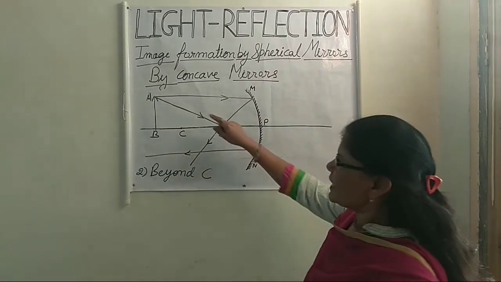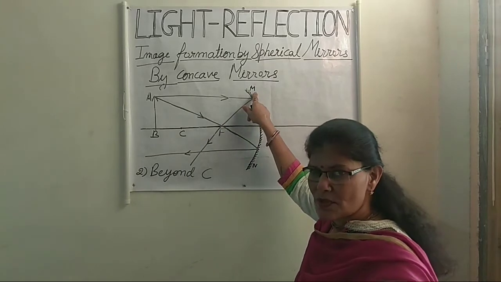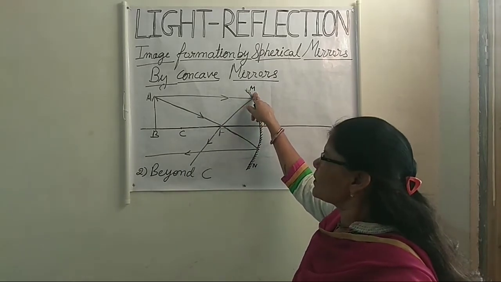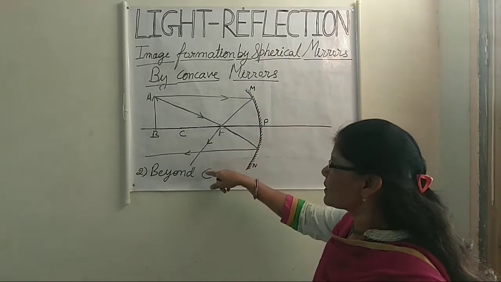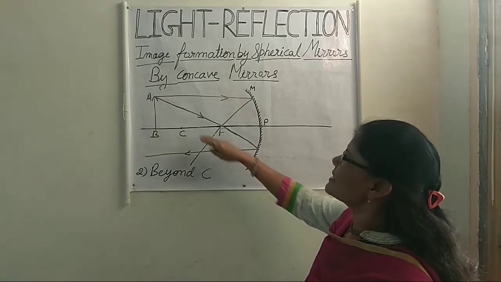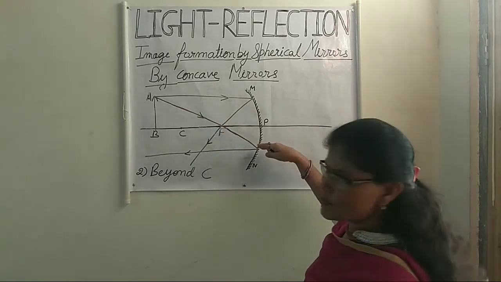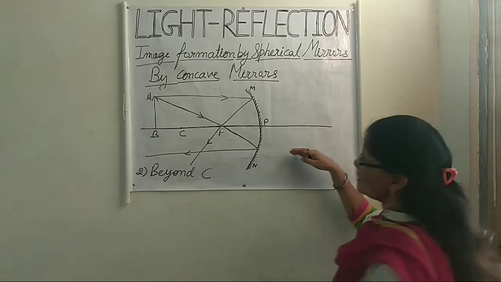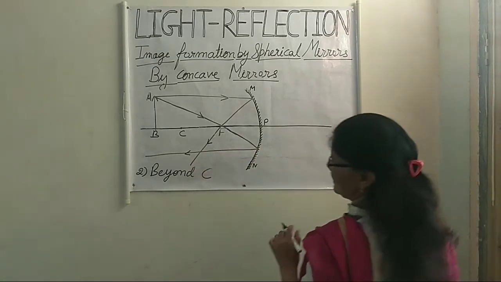The first rule we have used is when an incident ray is parallel to the principal axis, then the reflected ray will pass through the focus. The second rule we have used is when an incident ray passes through the focus, then the reflected ray will go parallel to the principal axis.